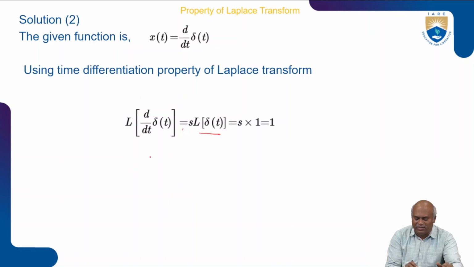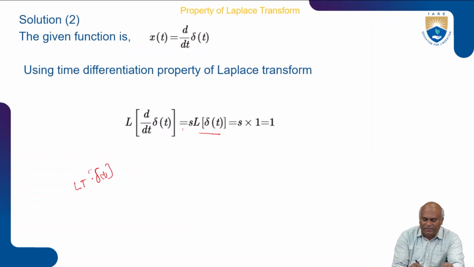So we know the Laplace transform of x of t is equal to X(s). Now I write X(s) equal to the integration from 0 to infinity of x of t e power minus st dt.